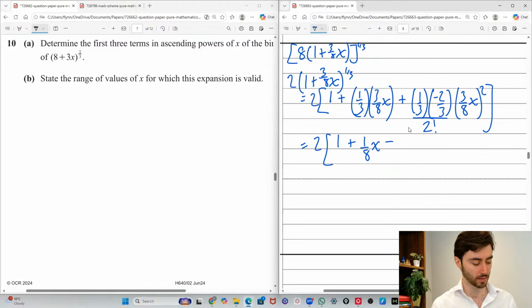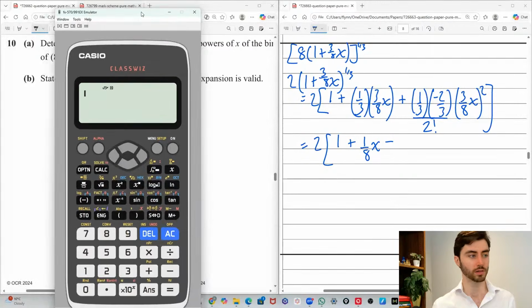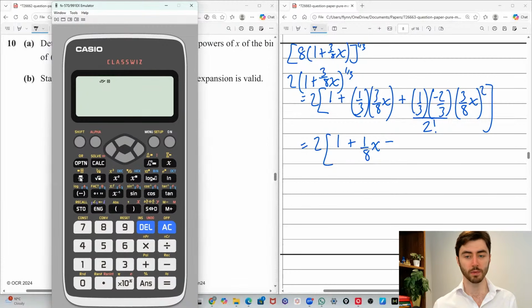Now let's run this. Let me show you what I'm doing. So in fact, this is one of those ones I'm going to bring this across and just show you guys. So that would be a third times minus 2/3 times 3/8 squared, and then divide it by 2.